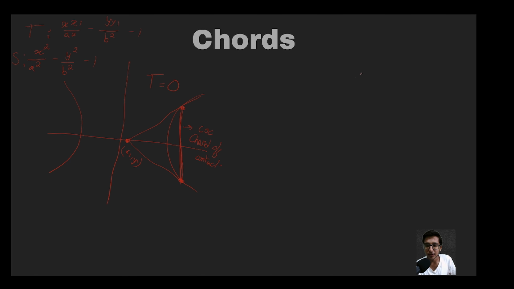And let's say if this is our hyperbola, there is a chord, its midpoint has been given to you, x1 comma y1. So the same formula that we had studied in ellipse and parabola, T is equal to S1, where 1 means our point x1 comma y1. We use these values to find out first S1 and T, and then we put them into this equation to find out our equation of chord.